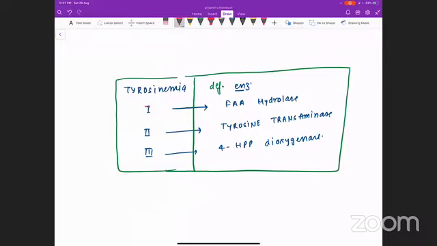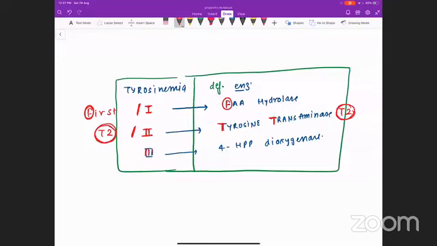Type 1 means type first, and the type first enzyme starts with F. Type 2 is due to deficiency of tyrosine transaminase, so type 2 is T2, tyrosine transaminase.